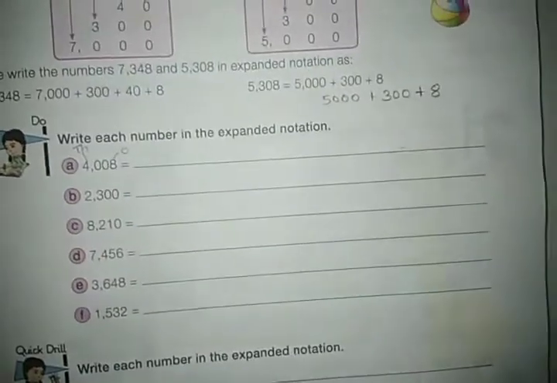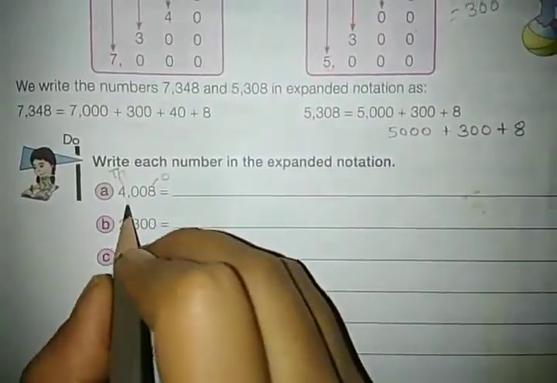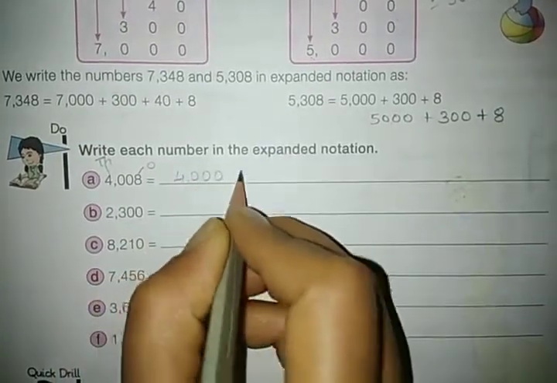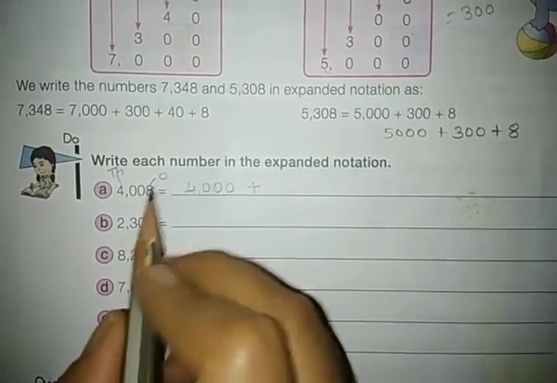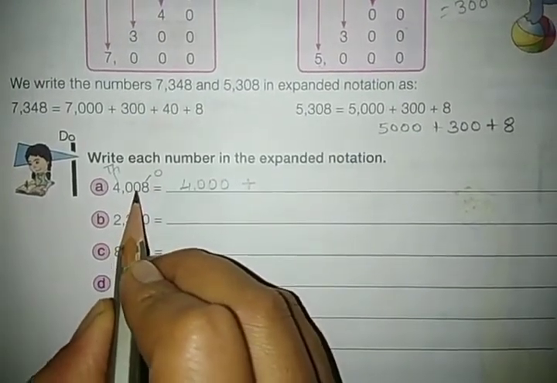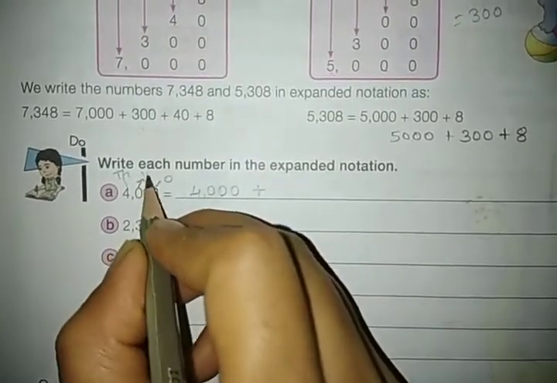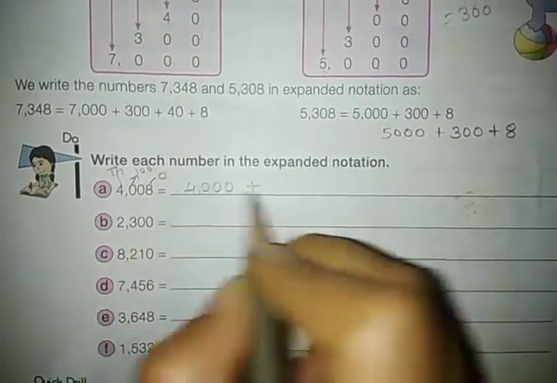So no need to write the value of zeros in expanded form. 4 is in thousand place, so its value will be 4 into 1000, which is 4000. 4000 plus, directly you need to write the ones place number, because in hundred place and tens place zeros are there. 0 into 100 will be 0 only, so no need to write, and 0 into 10 will be 0 only.